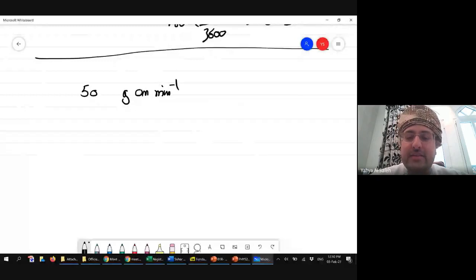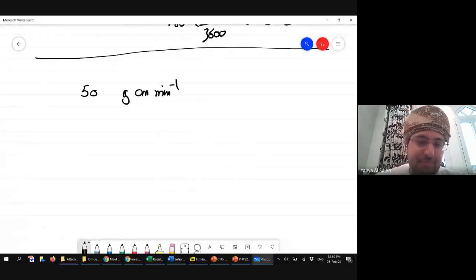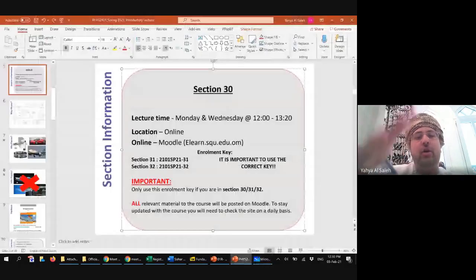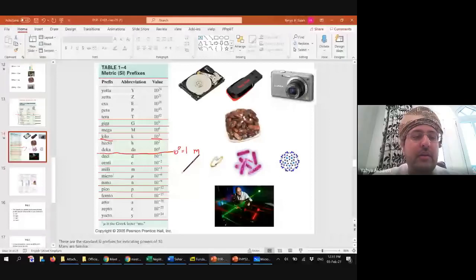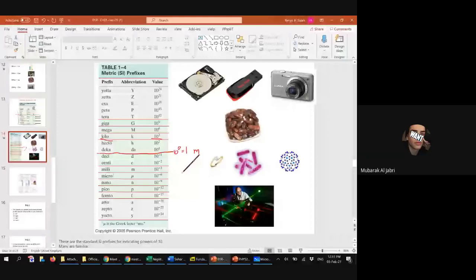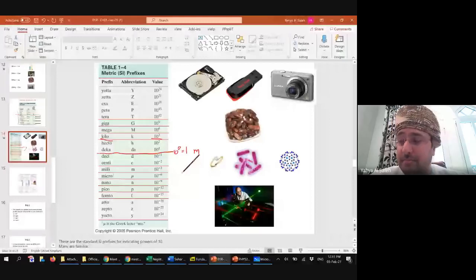Miles isn't anywhere on this table because it's not part of this system. It's an entirely different system. Like pounds for weight? Yes, pounds for weight, for example, is another imperial system.